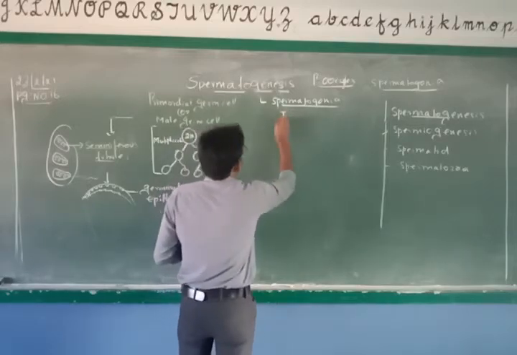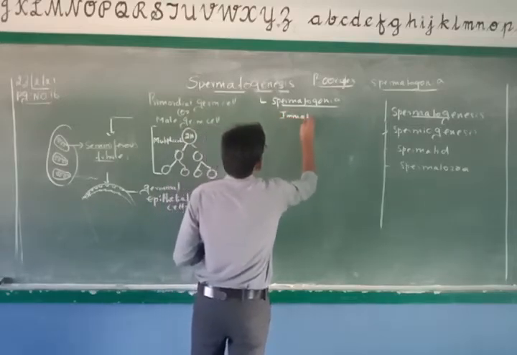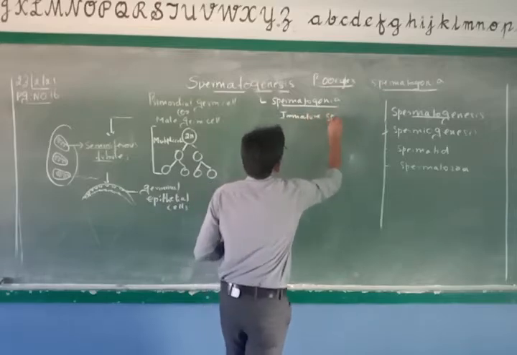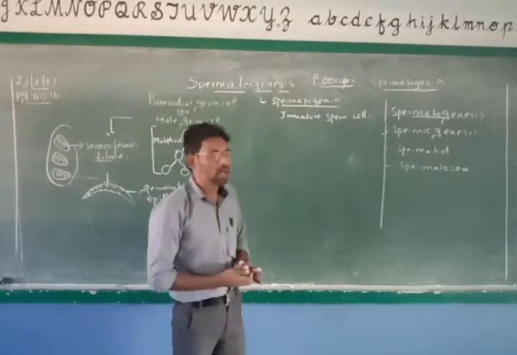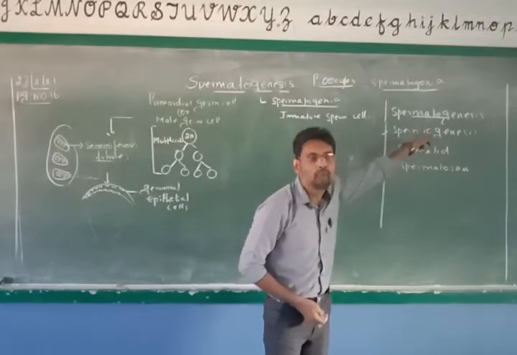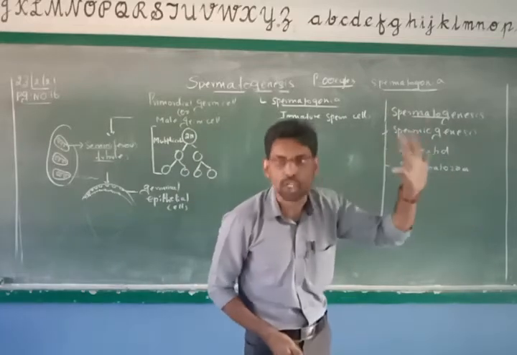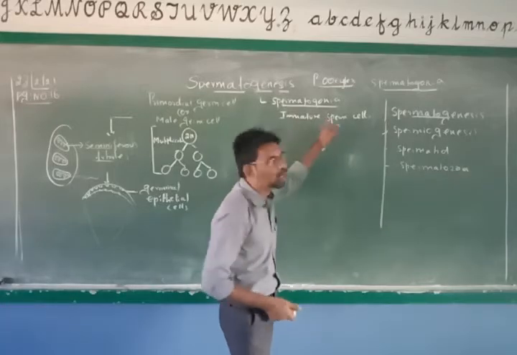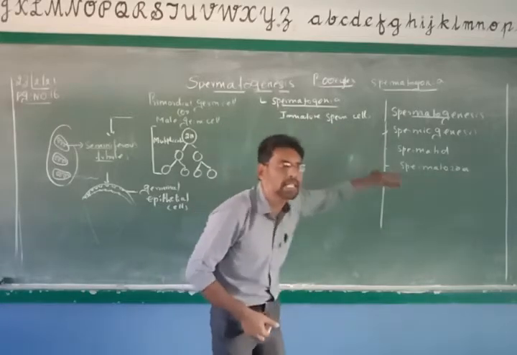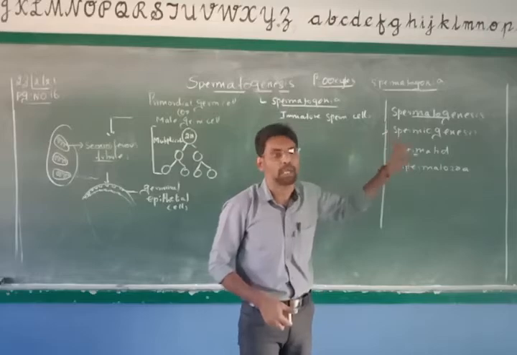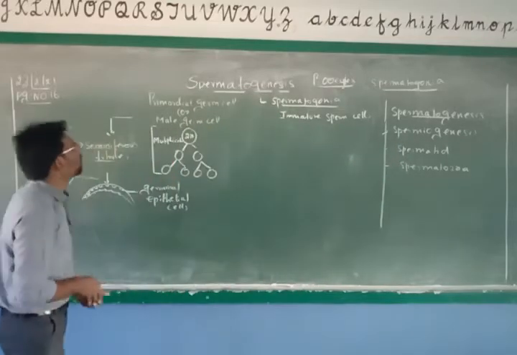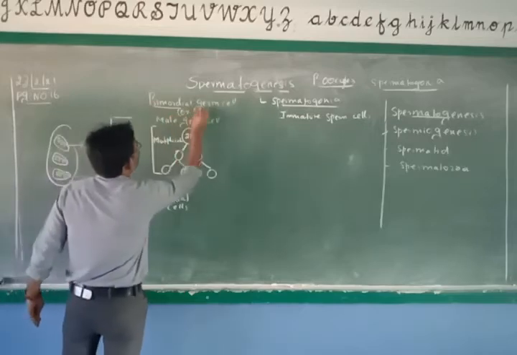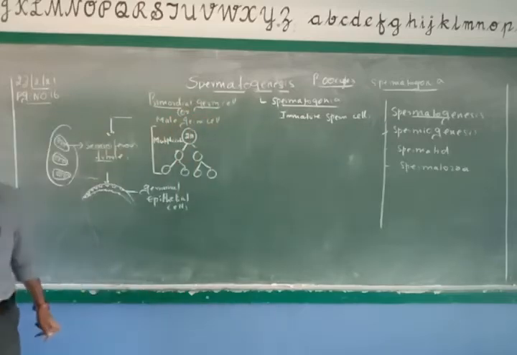It is an immature sperm cell. Understand these two words. What is spermatogenesis? Formation of immature sperm cells. What is spermatogonia? The cell which is involved in the process is called spermatogonia. Understand? Before the spermatogonia, we have primordial germ cells or male germ cells.